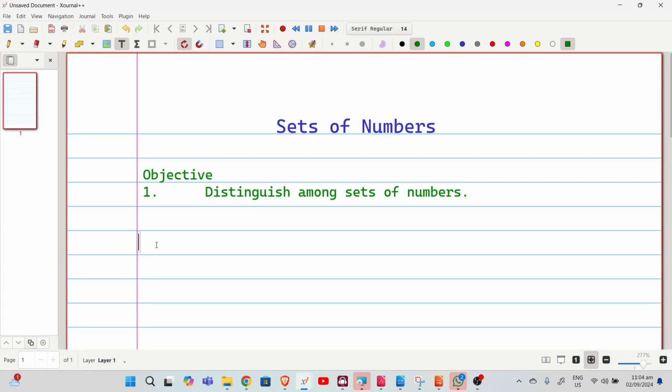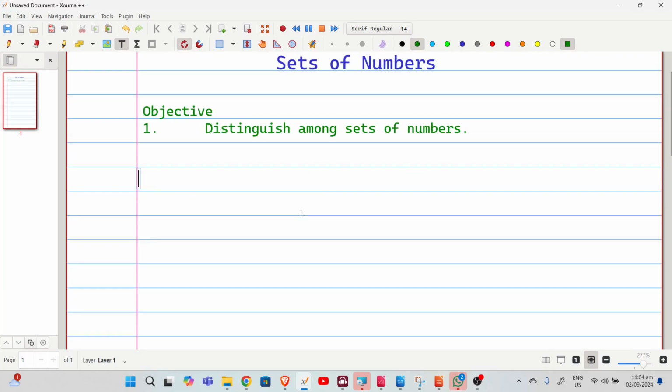Let's start by talking about the first type of number that you will be accustomed to, a number that you're introduced to as a child, which is called the natural numbers. The natural numbers are the counting numbers that you encounter when you're a child.